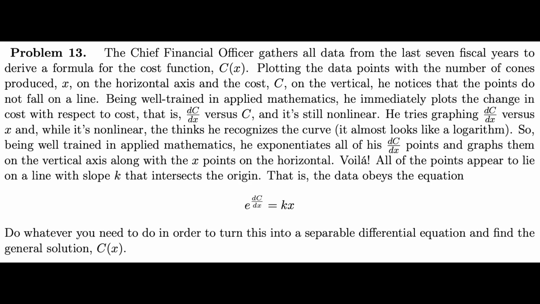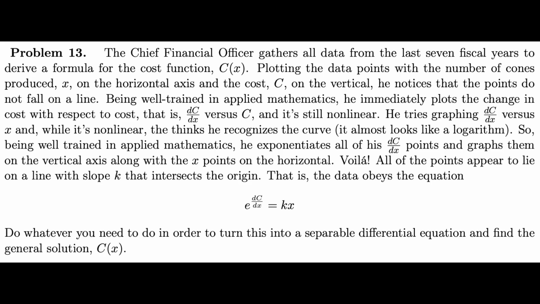Being well trained in applied mathematics, he immediately plots the change in cost with respect to x. That is, dC/dx versus C. And it's still nonlinear. He tries graphing dC/dx versus x, and while it's nonlinear, he thinks he recognizes the curve. It almost looks like a logarithm.